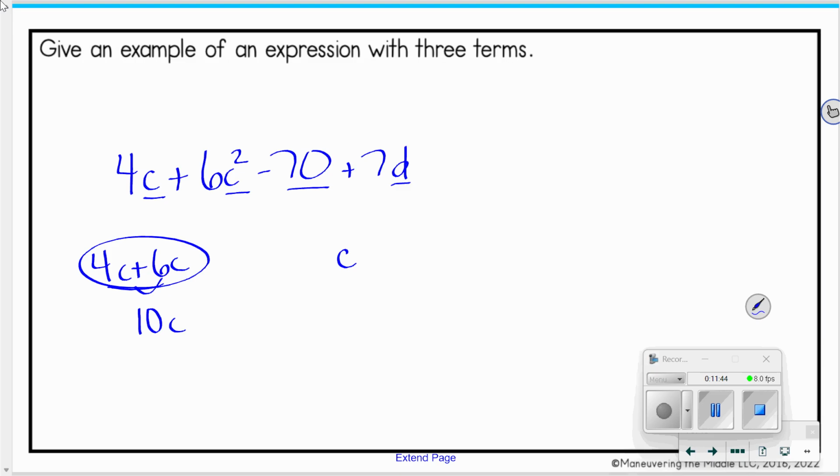Yes, it does. It's 1. I just don't write it. Even though it's just c, technically, every time I write a variable, it has a coefficient. But if the coefficient is 1, we normally don't write it. So would it be technically a term if we just put c? Yes, because it means that's 1 times c. So it already has a coefficient built in.